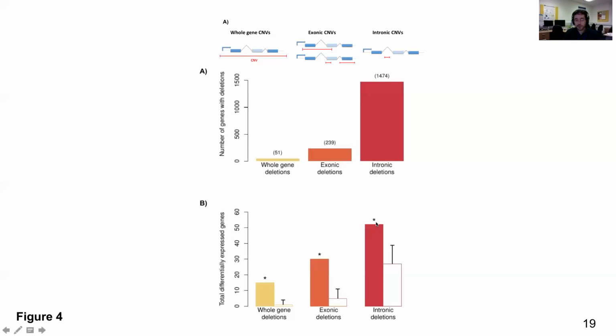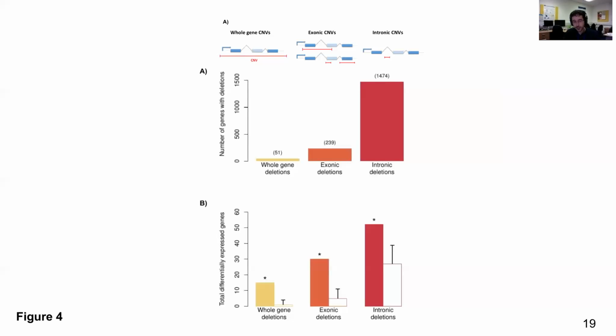So to see if these numbers were more than expected by chance, we repeated all the differential analysis for every gene, but now randomizing the class labels of the donors. So instead of taking the real people with the deletion and comparing them against the rest, we randomly took the same number of individuals in the population and performed the test again 10,000 times.